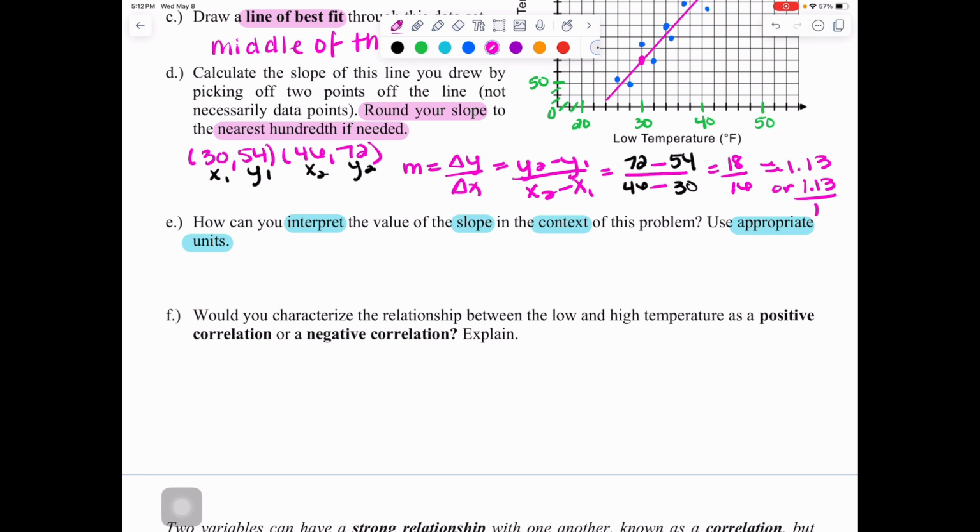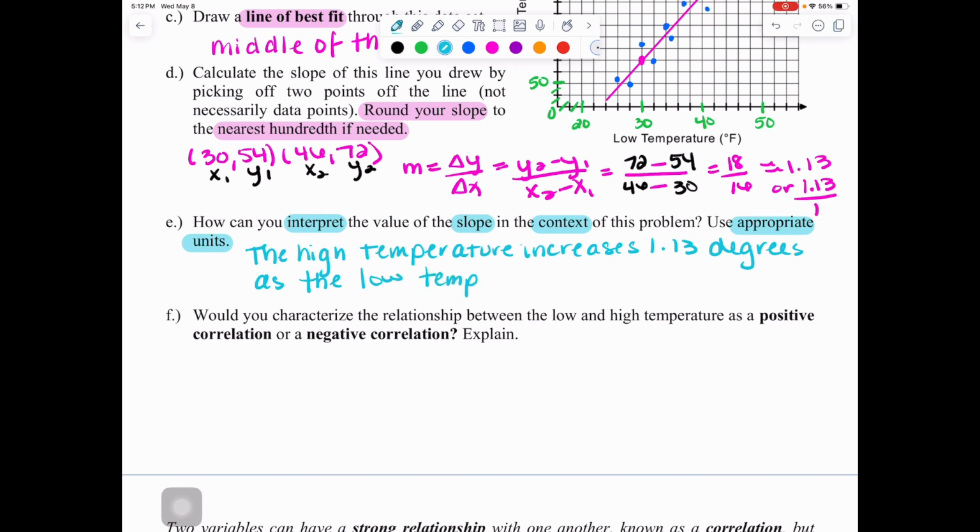So we will write the high temperature increases 1.13 degrees as the low temperature, that's on the bottom, increases 1 degree.